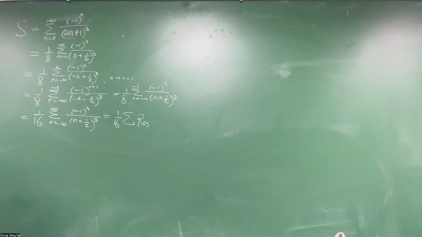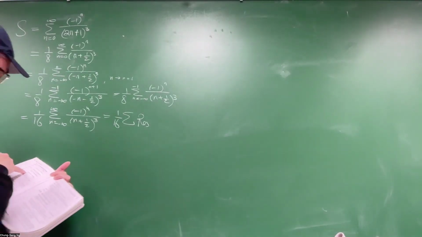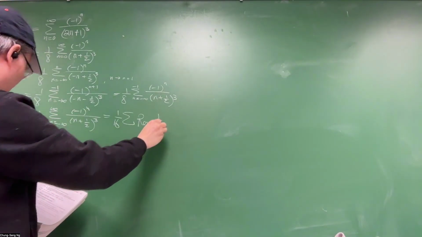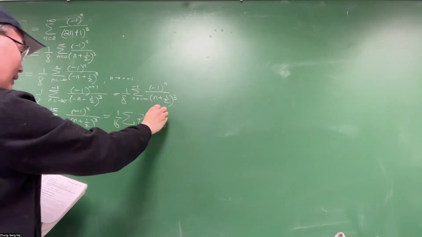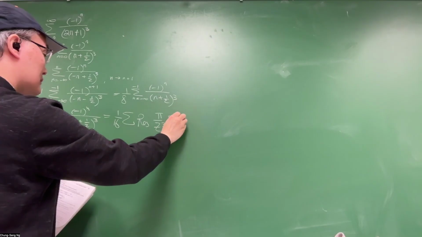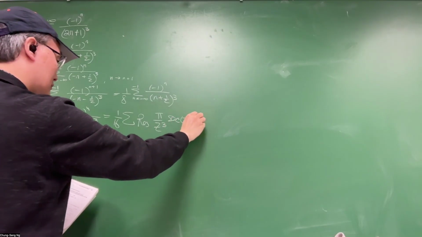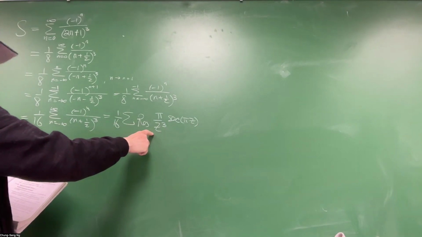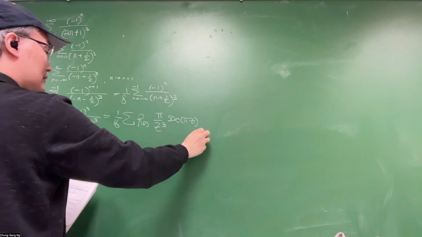We're comparing with the formula, right? So this 1 over c cubed times pi secant at the pole of f, which is this c.